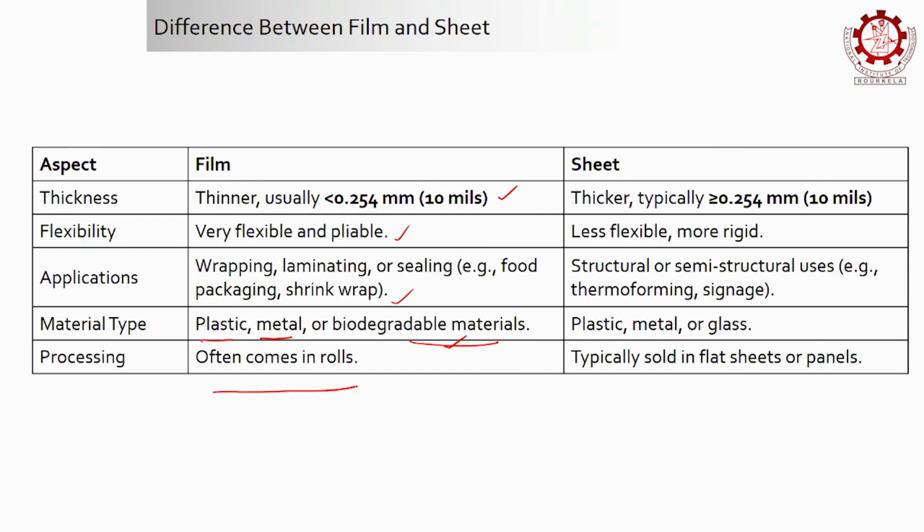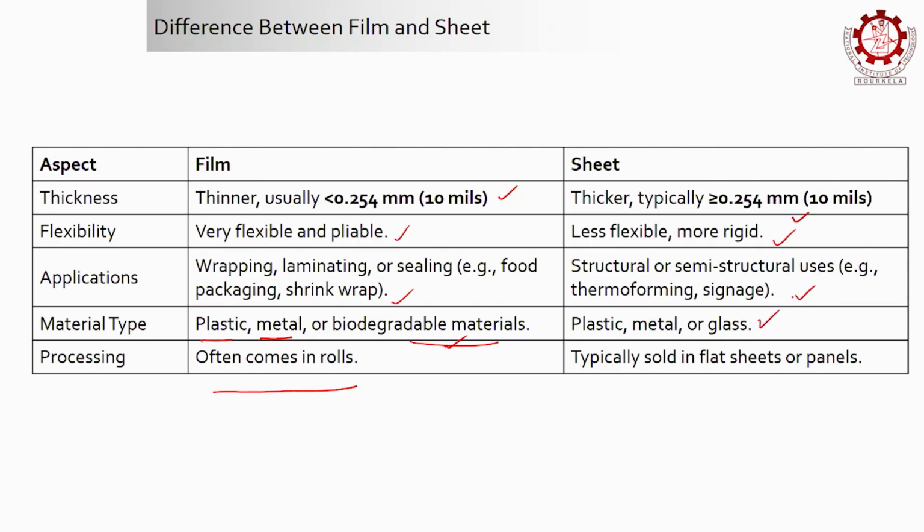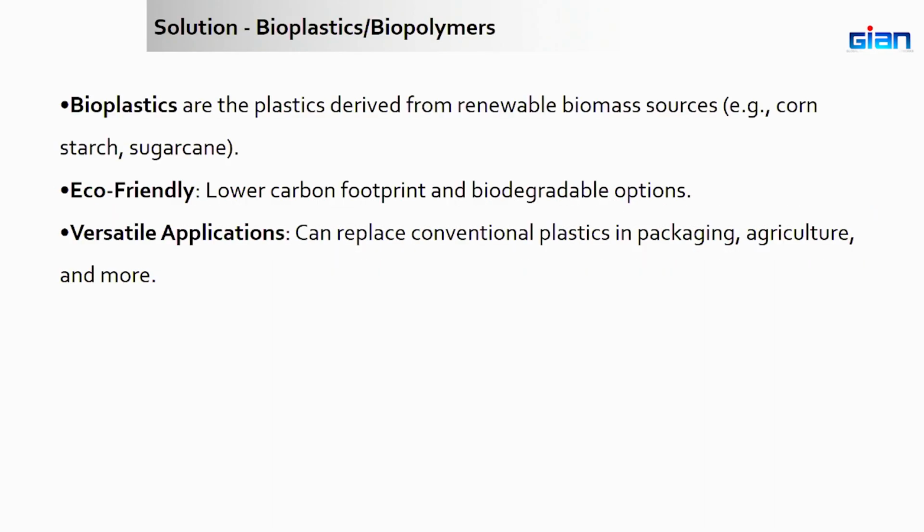It often comes in a roll, a thin film we put around food and sell in the market. A sheet is thicker, more structural, made of plastic, metal or glass, typically sold as a flat sheet or in panels. You can find these easily in a textbook.